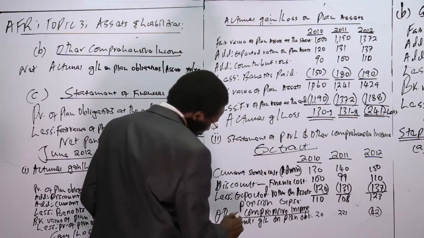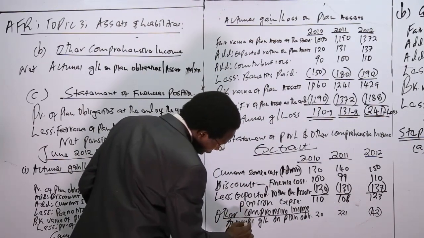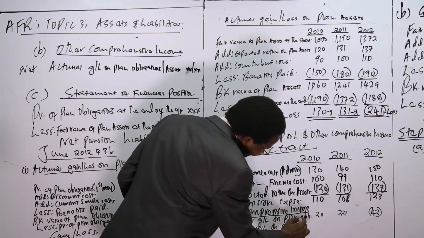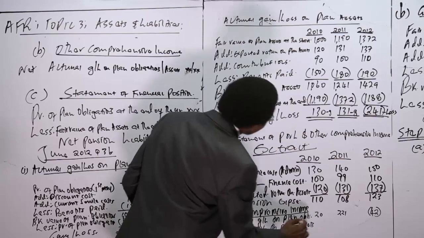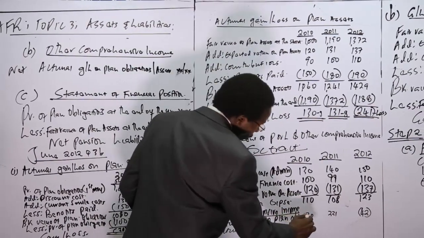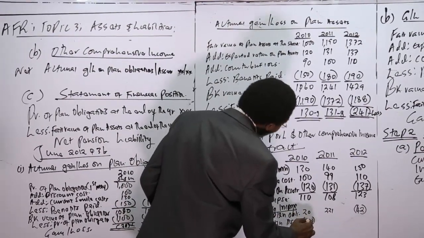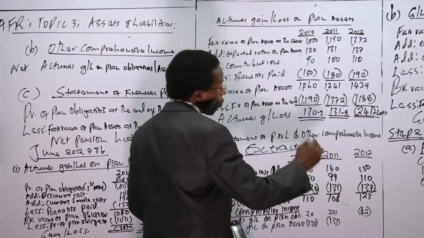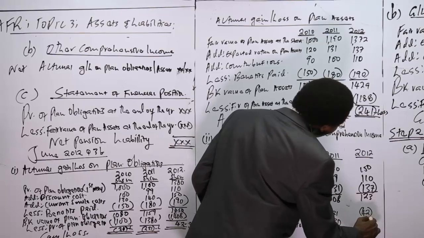There is also an actuarial gain or loss on plan assets. For plan assets, there is a gain of 130, a gain of 131, and a loss of 241.